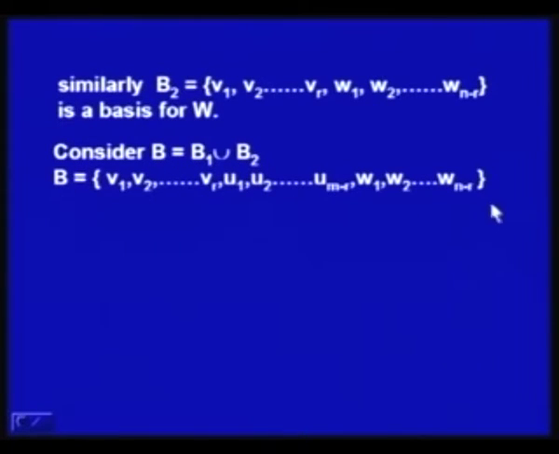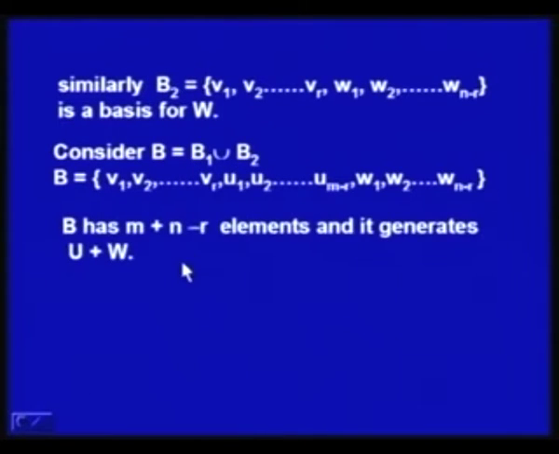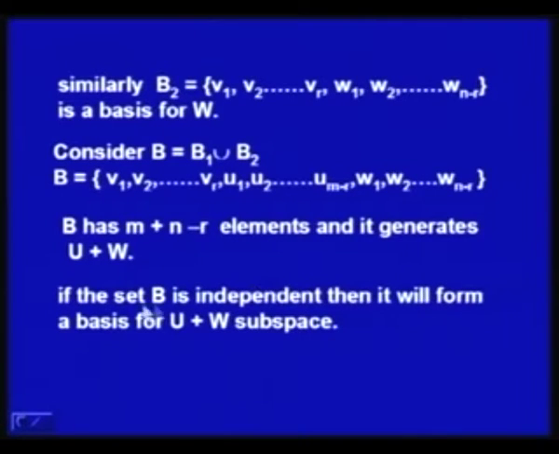How many vectors will be there? We will have V1, V2, Vr, then U1, U2 up to Um minus r, and W1, W2 up to Wn minus r. So, B1 union B2 will be this set, and it will definitely have m plus n minus r elements, and it generates U plus W. If the set B is independent, then it will form a basis for the U plus W subspace.